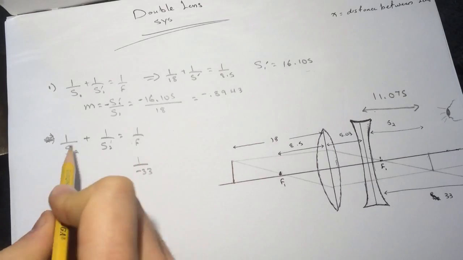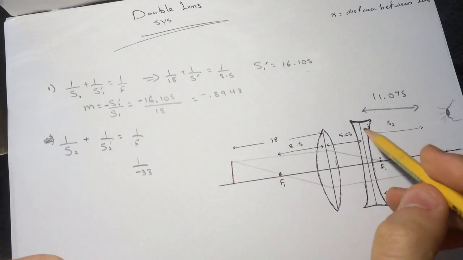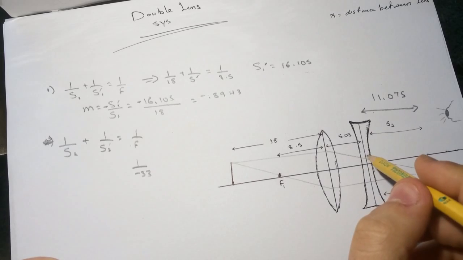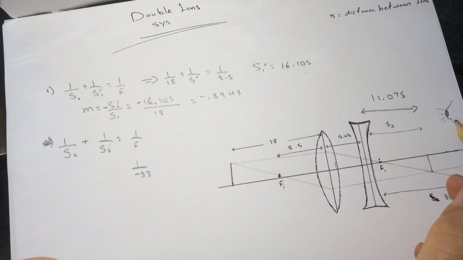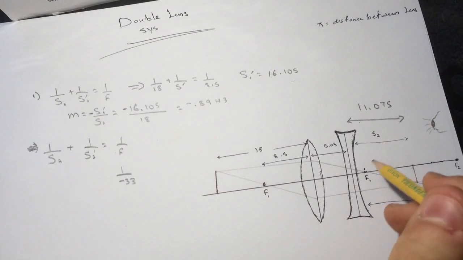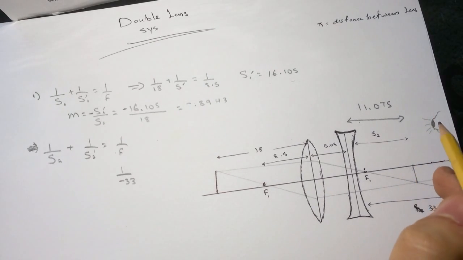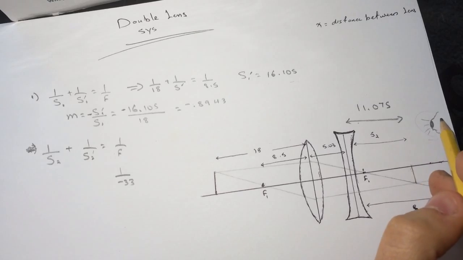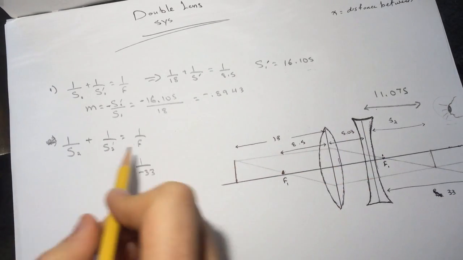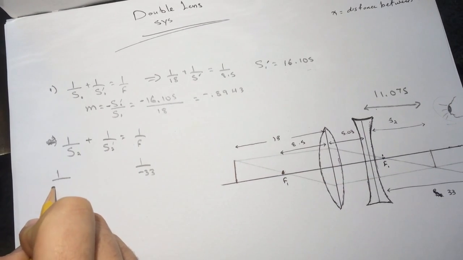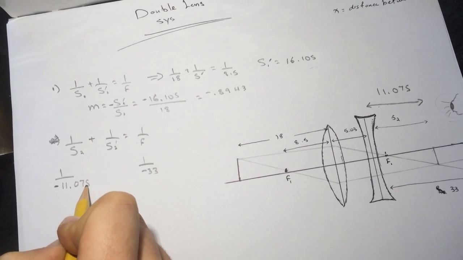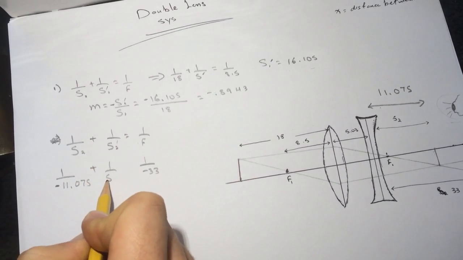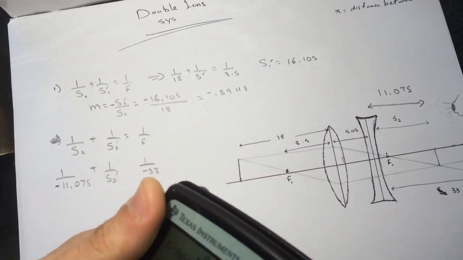And s2 will be negative because the object is to the right of the lens, on the same side as where the eye is looking. This is supposed to be an eye. So 1 over minus 11.075 plus 1 over s2 prime.